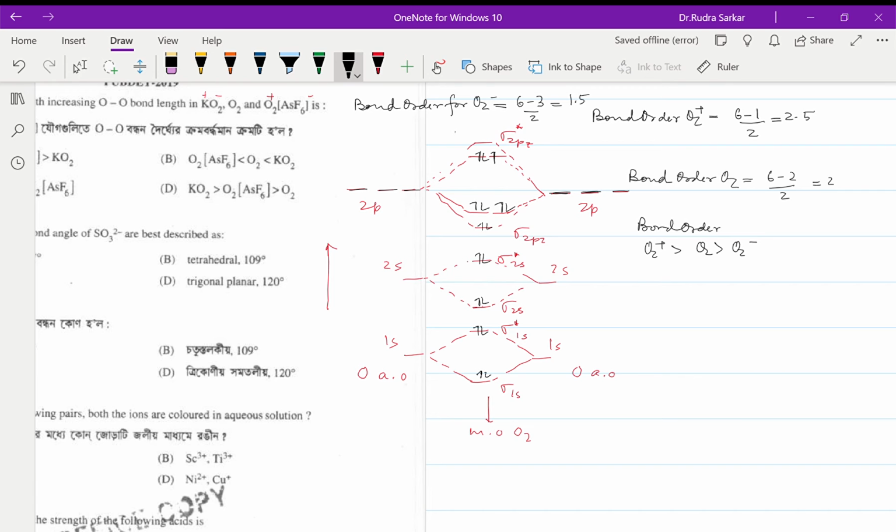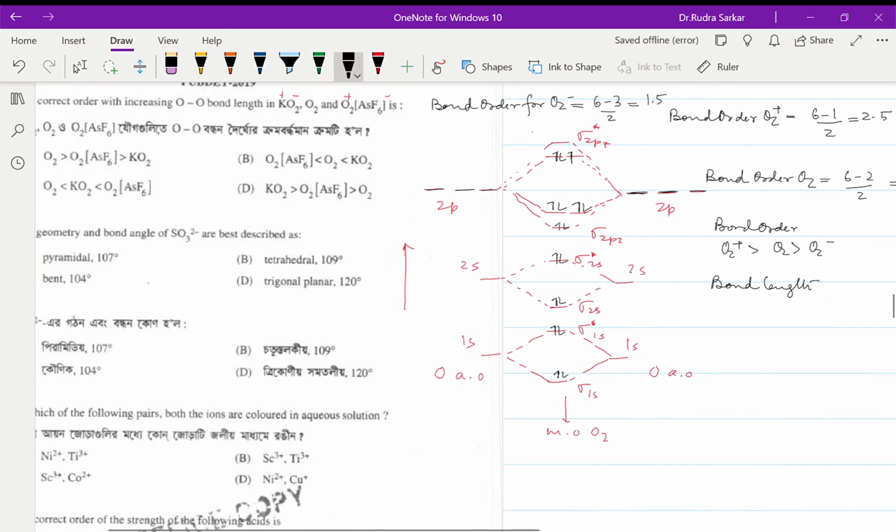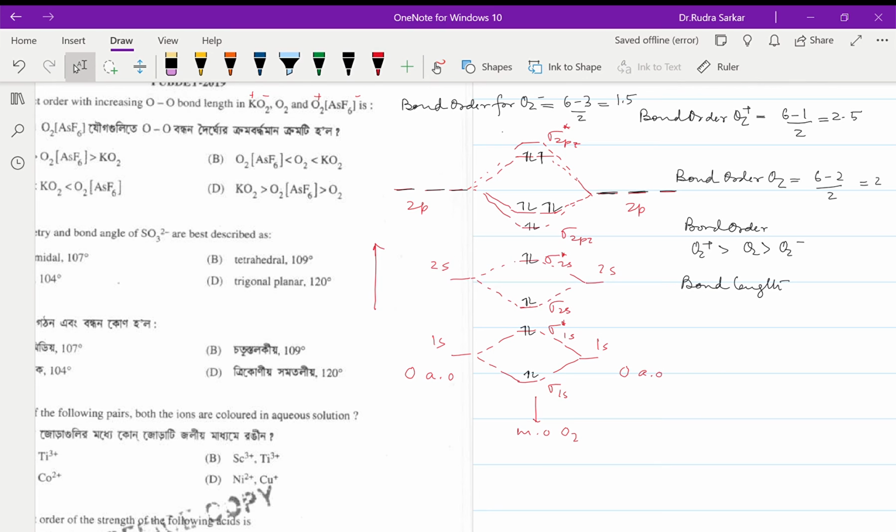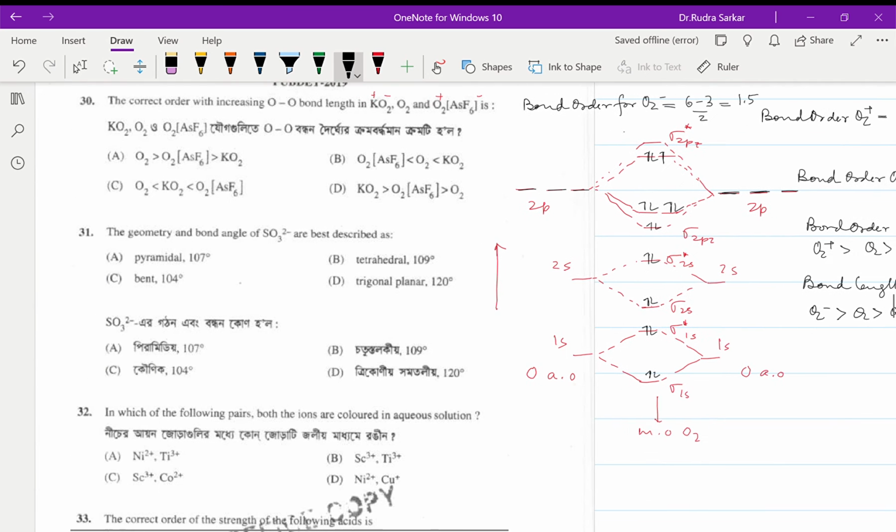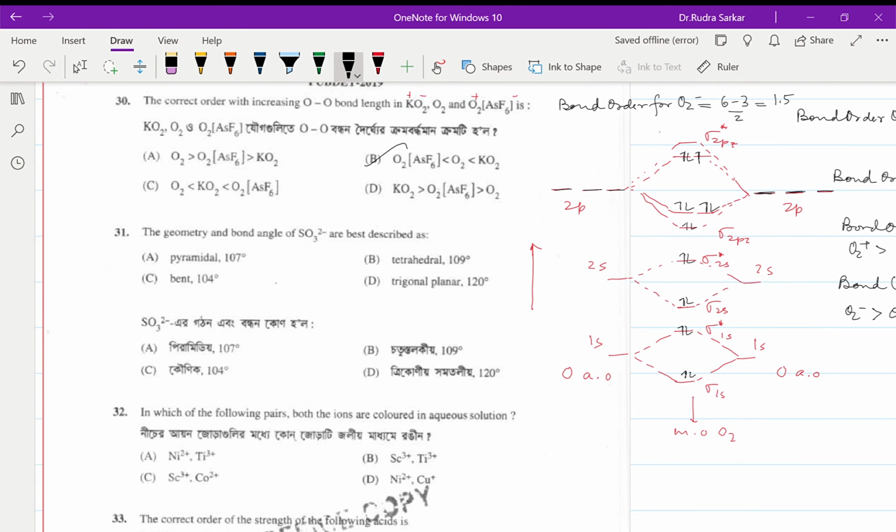The reverse of this will be bond length order. Now, since they have given here, let's write it and then we'll compare. So we will say this is more than that, which is more than that. Okay. Now, if we compare with the options given, we will say this is the correct option.